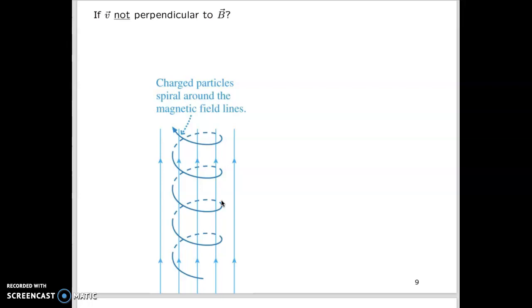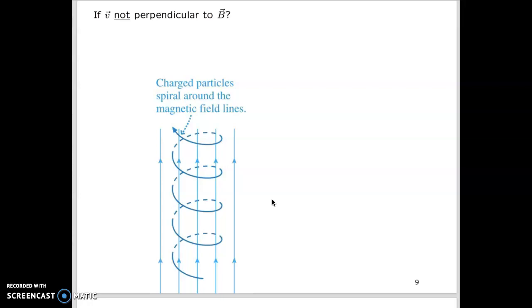One application of this is the charged particles that come from the sun through the solar wind. You may have heard of that. The solar wind is just a stream of charged particles that come from the sun and it passes by the earth. And the earth is a big magnet. There are magnetic fields everywhere around the earth, but there are strong magnetic fields, as it turns out, that are also present well above the atmosphere.